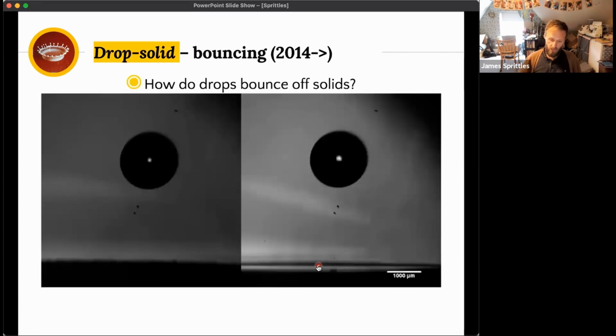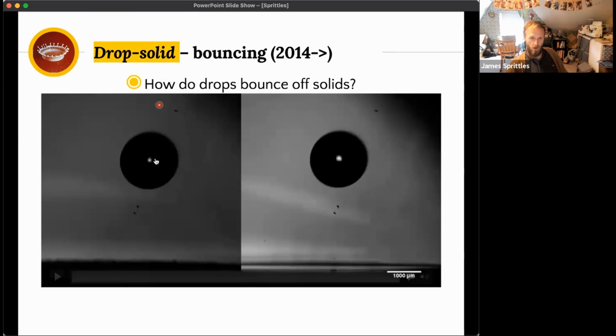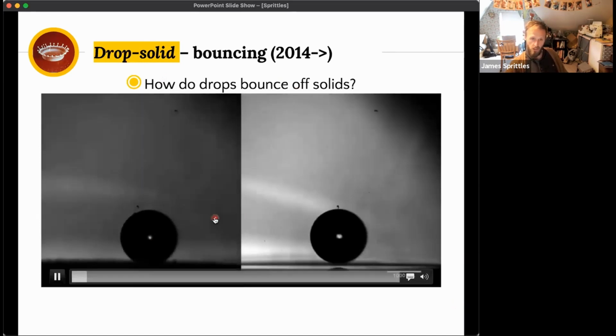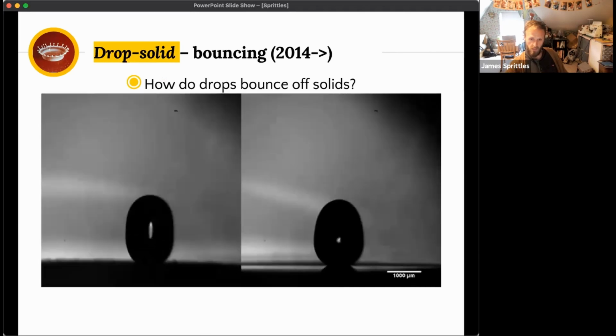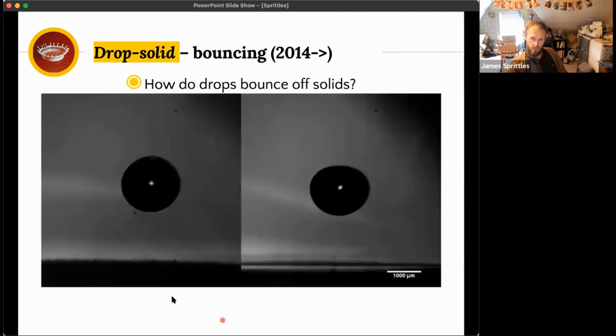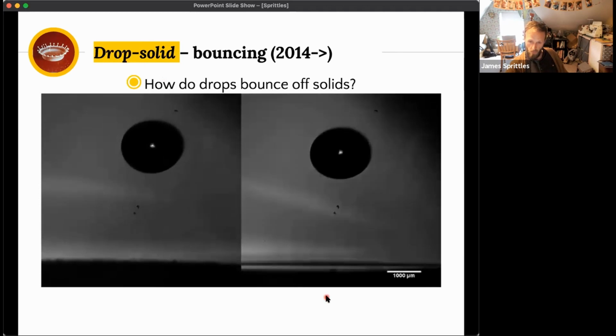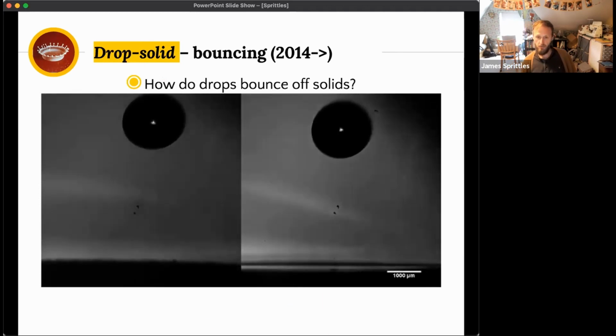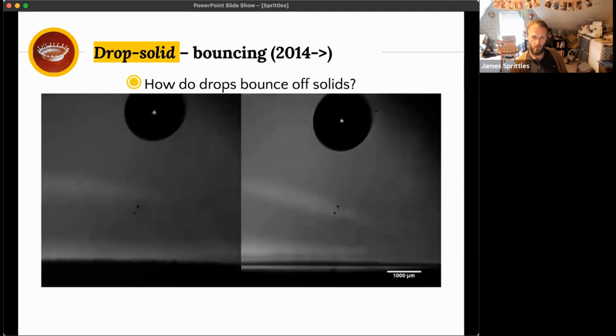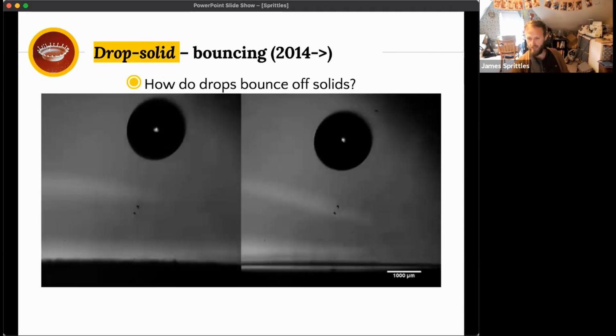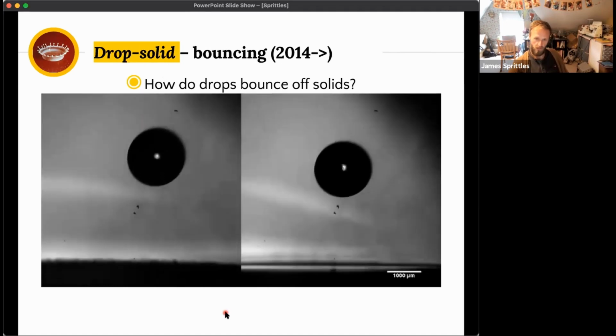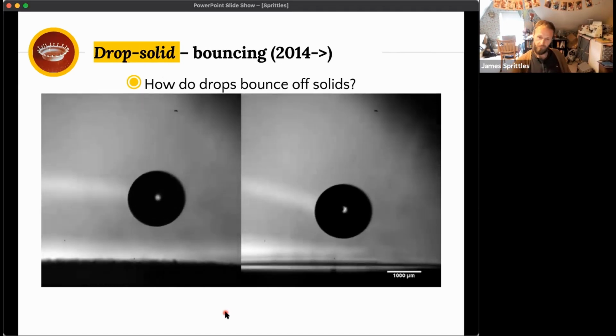As a result of all this, there was a remarkable discovery, which I will show you in video form here. Here you will see two drops bouncing off surfaces, and these surfaces have remarkably different properties. Usually I'd open this to the floor to ask what you think the difference is between these two solids, but you can think in your own mind how they differ.